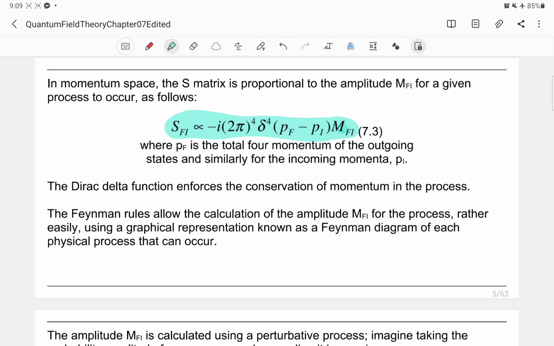The M_fi here can be calculated using Feynman diagrams, and it is specific to a particular process. So you have different amplitudes for different processes.